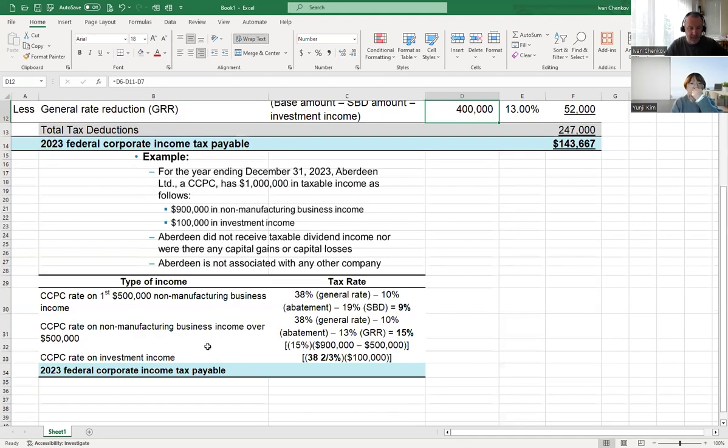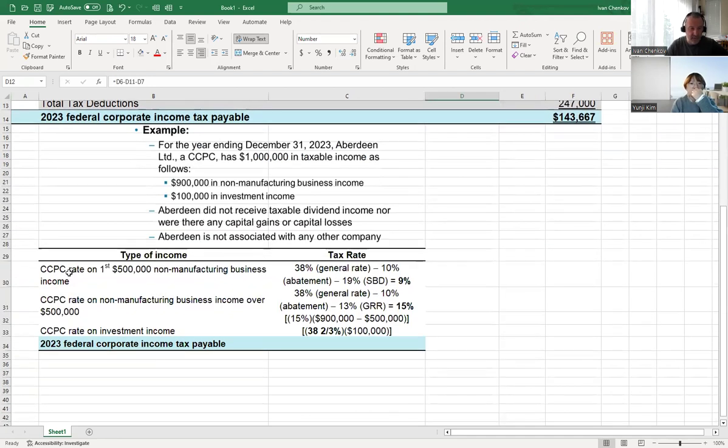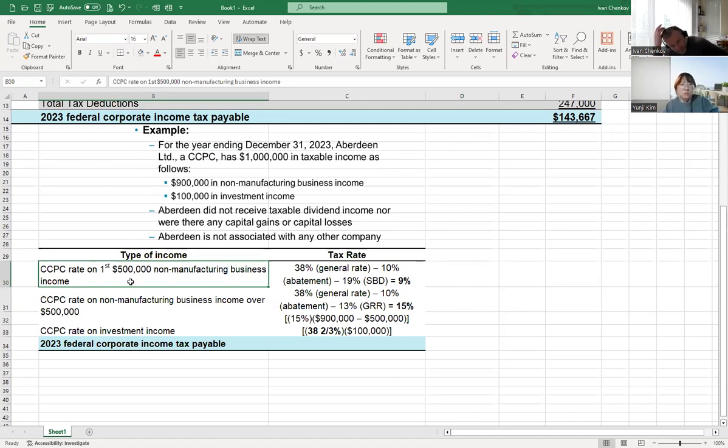Now, in this case here, the type of income, the capital cost, since we are a Canadian-controlled private corporation, first we're going to apply the 38% general rate, right?